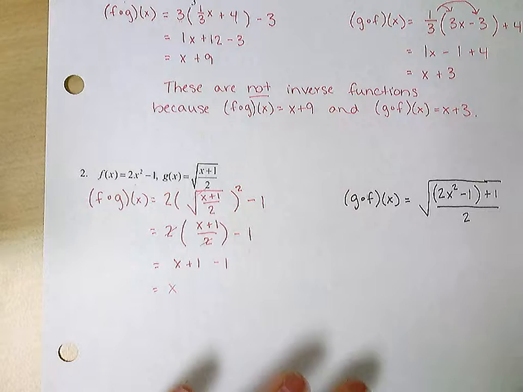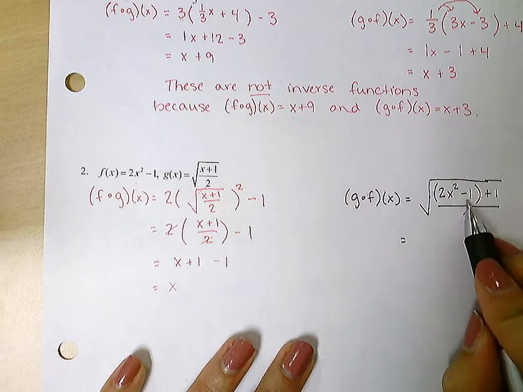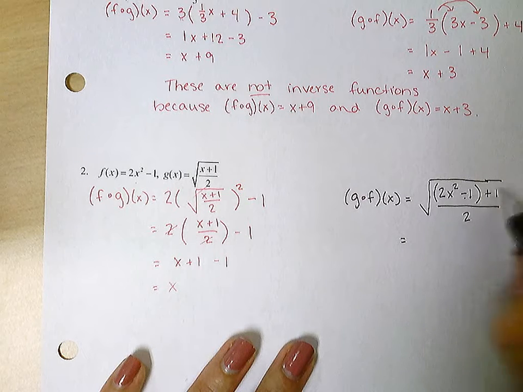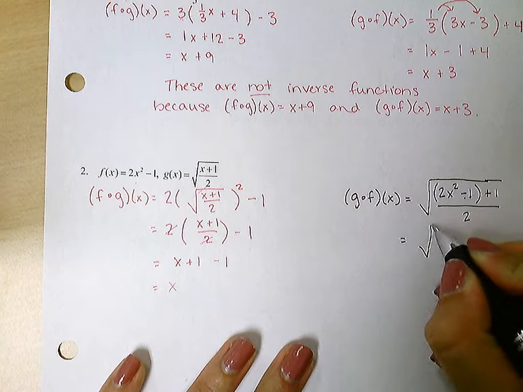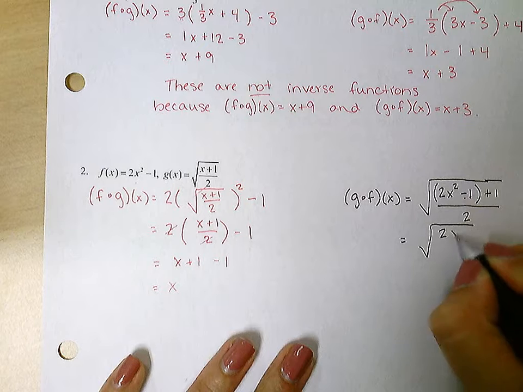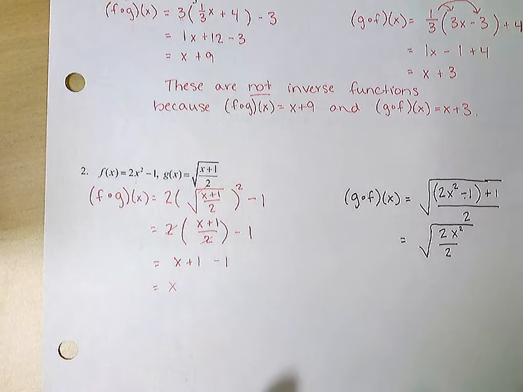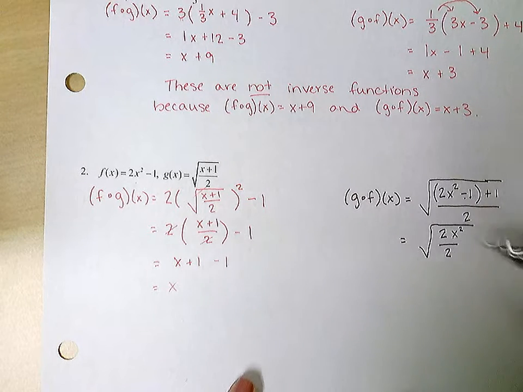And again, we can just simplify from here. So I have this minus 1 and this plus 1. Okay, those just cancel out to a 0. So I have this square root of 2x squared over 2. Now if I have 2 over 2, again, that's just 1. So those, again, will cancel out.